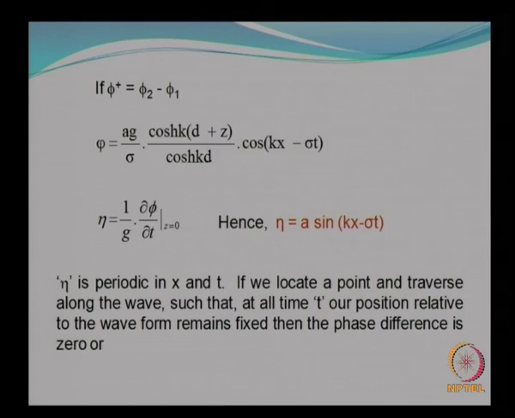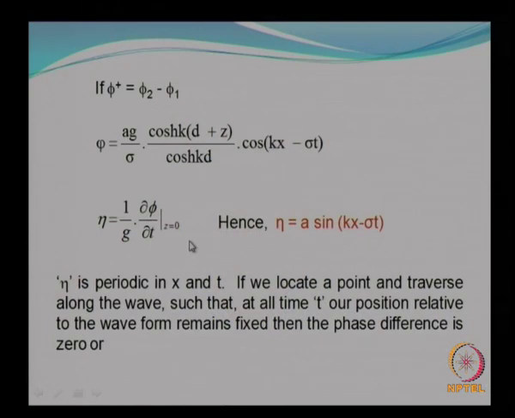After deriving the velocity potential, we try to re-establish what should be the variation of eta. Is that clear? According to this we have got an expression for velocity potential which does not involve any constants but involves only the variables associated with our wave propagation problem.